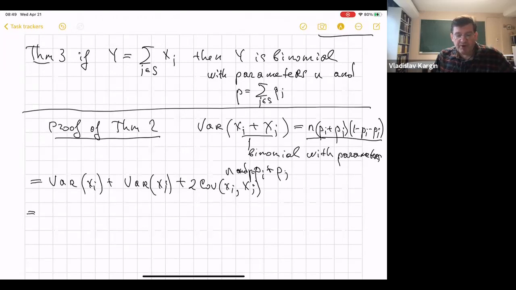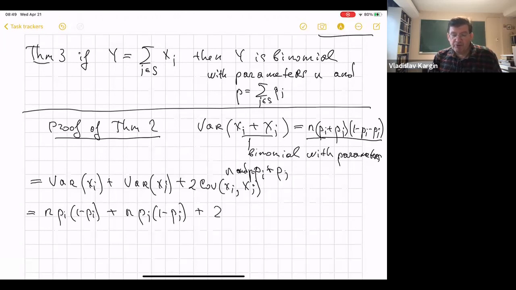By theorem 1, we know that xi is a binomial random variable with parameter pi, and xj is a binomial random variable with parameter pj. So we can write their variances. This is n pi (1 minus pi), and this one has a variance n pj (1 minus pj).